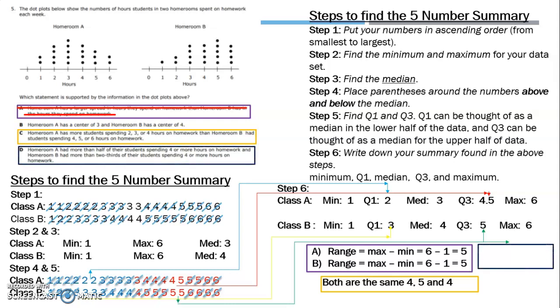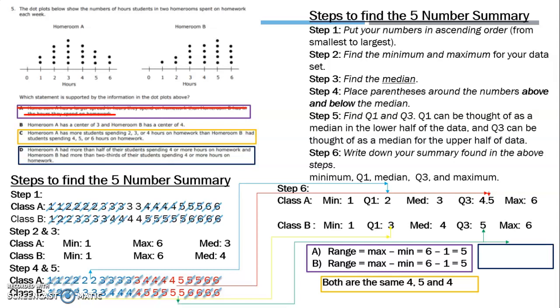Next one says that homeroom A had more than half of their students spending 4 or more hours on homework, and homeroom B had more than 2/3 of their students spending 4 or more hours. So the first one, more than half spending 4 or more. So we go to the data, and we notice how many of them spent 4 or more.